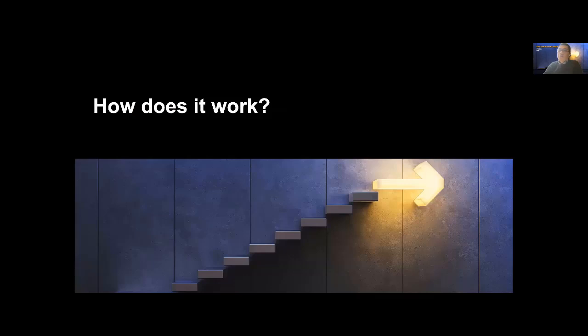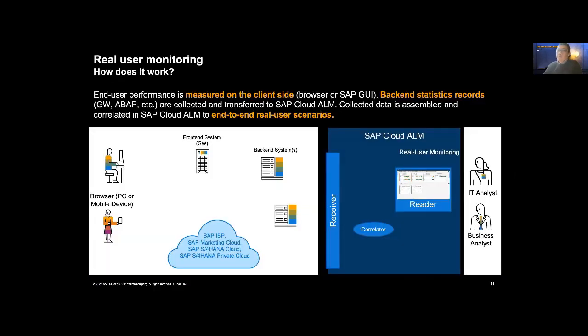So how does it work? The performance experienced by the end user will be measured on the client end by browser or SAP GUI. On the system and server side, the statistics records are collected automatically and transferred to SAP Cloud ALM.